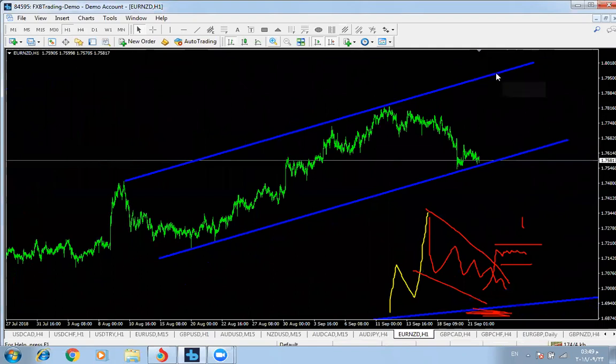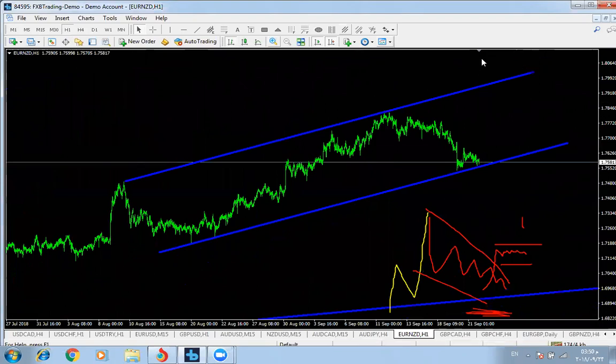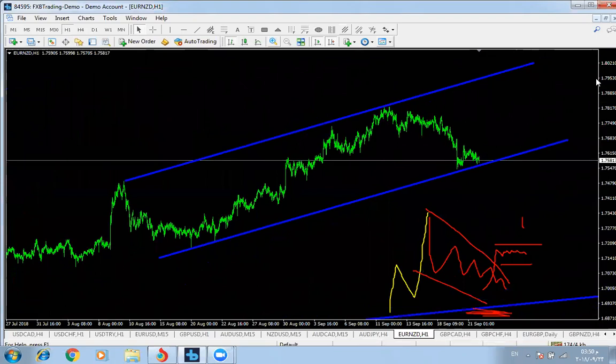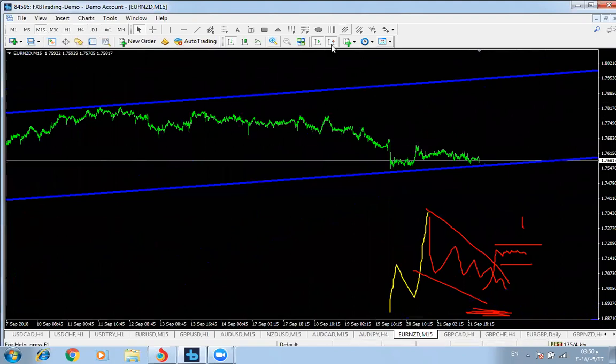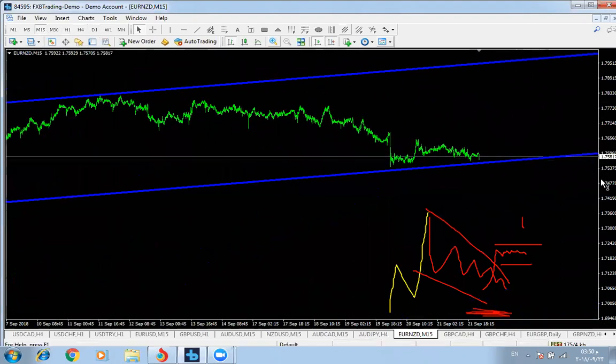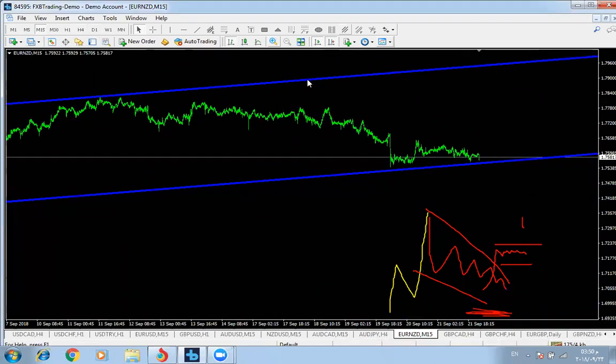Sometimes it does not touch this blue line, and sometimes it touches the blue line and goes above that. We have to start counting from this area. So our trade should be from this bottom.